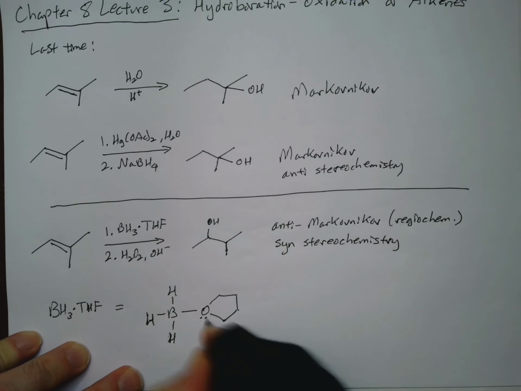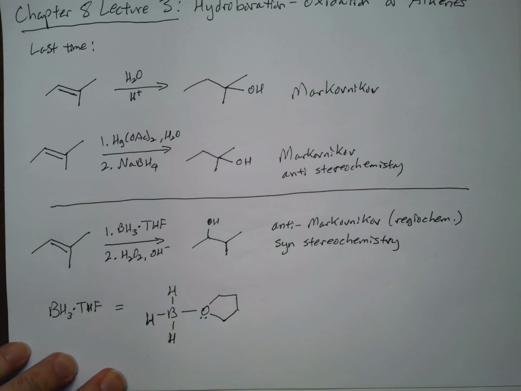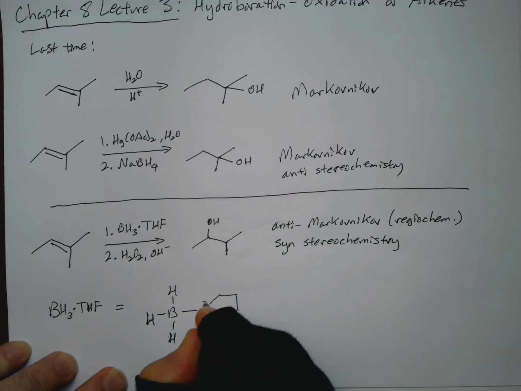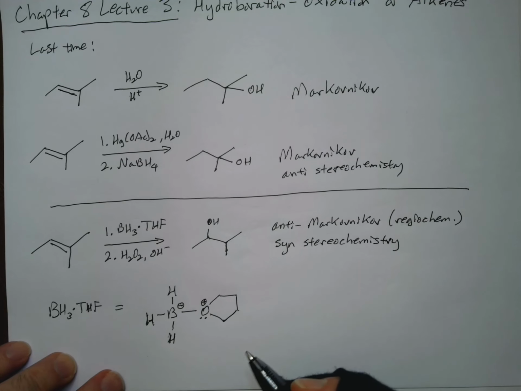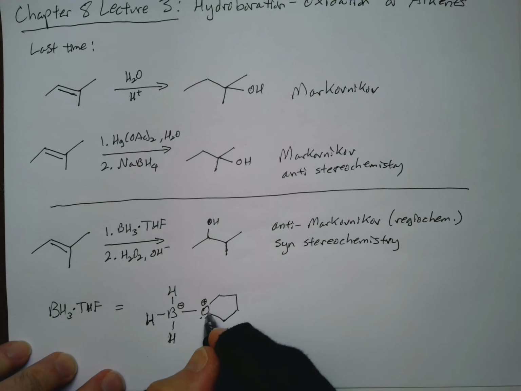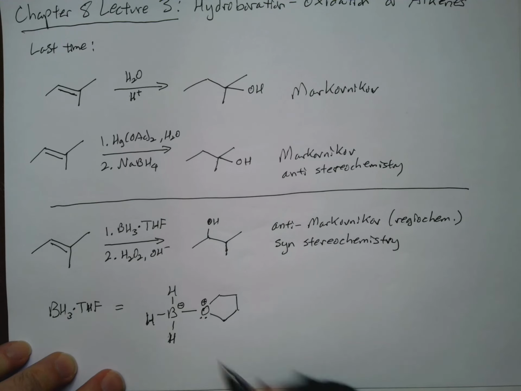And so our BH3.THF is going to be this guy, and we actually have a positive formal charge on the oxygen, negative on the boron. Because the oxygen is more electronegative than the boron, really more of the electron density is pulled towards the oxygen.